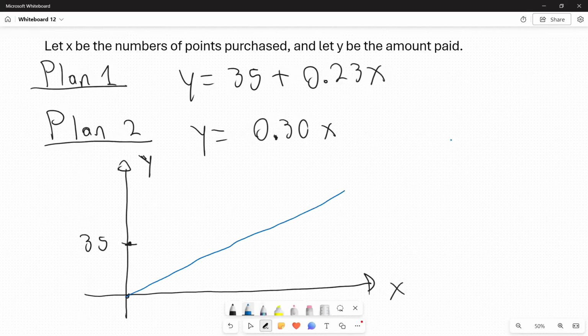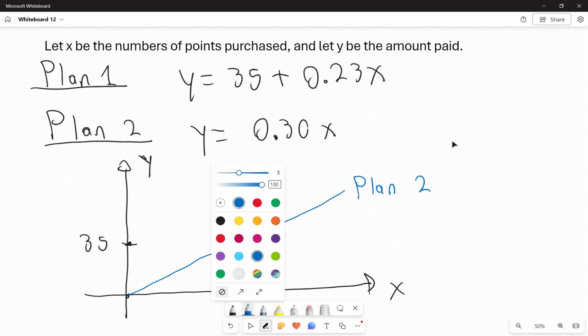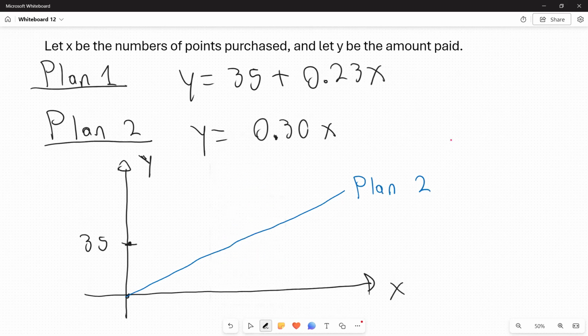And for plan one, the slope is positive and smaller, so the line is going to be flatter. And we want to find this point where they intersect. After this point, it's going to be more convenient to have plan one. Otherwise, to the left of this value, it's more convenient to have plan two.